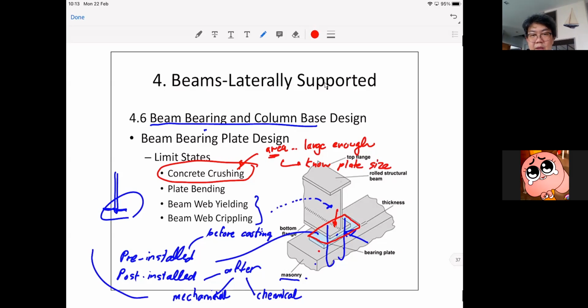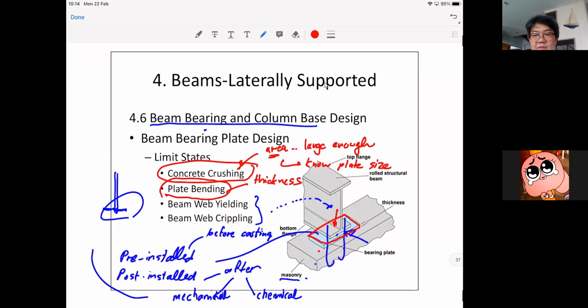And when you know the size of the plate, the next is to make sure that the plate doesn't fail. And the failure mode of the plate is plate bending. This plate, under the concentrated load, the beam is pushing down and it has concrete underneath. It means that the plate will be bent. And therefore, if we are going to prevent the plate from excessively bending, we need to figure out the thickness.